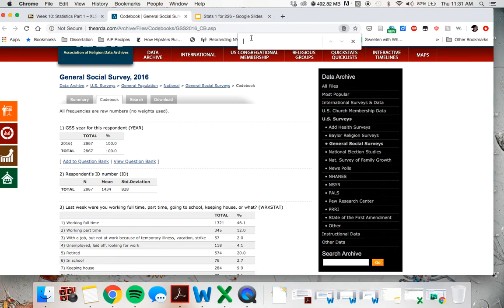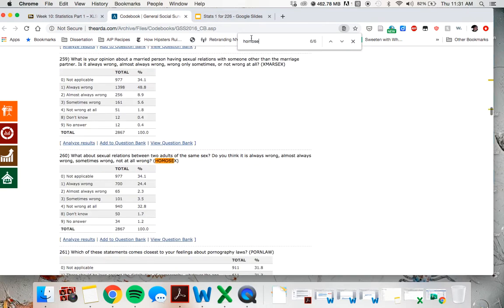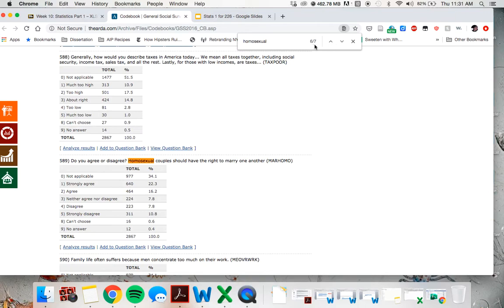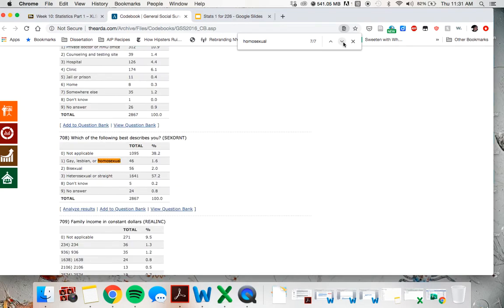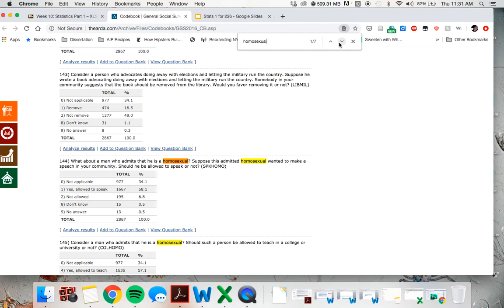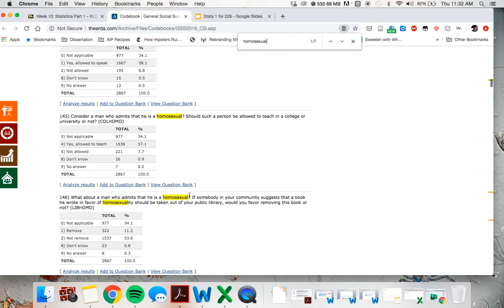So I know a few of you are doing your research on different aspects of the LGBTQ community. In this survey, they use the word homosexual, not LGBT. So if we search for homosexual, you'll see that there's 7 instances. Okay, so there's a question about gay marriage, there's questions about sexual orientation, questions about if you think that a person who is gay should be able to speak freely in the community or work at a college.